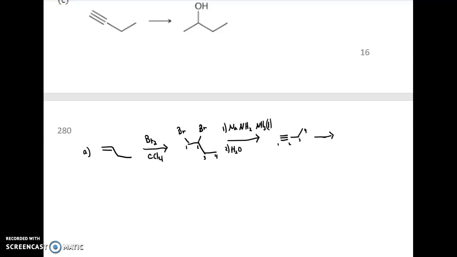I know I seem a little obsessed about that, but it's really easy to get your number of carbons messed up. So then we treat with sodium amide again in liquid ammonia, and this time we treat with ethyl iodide because we need to add 2 carbons. This will be a 2-carbon unit, and that will give us this.